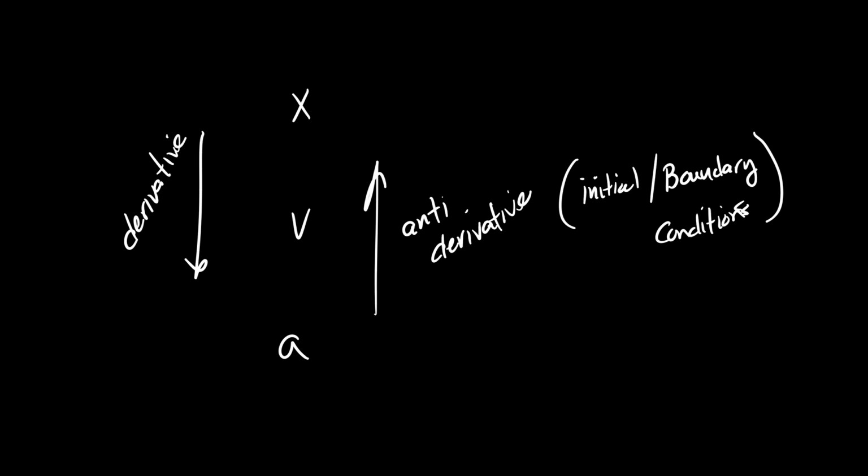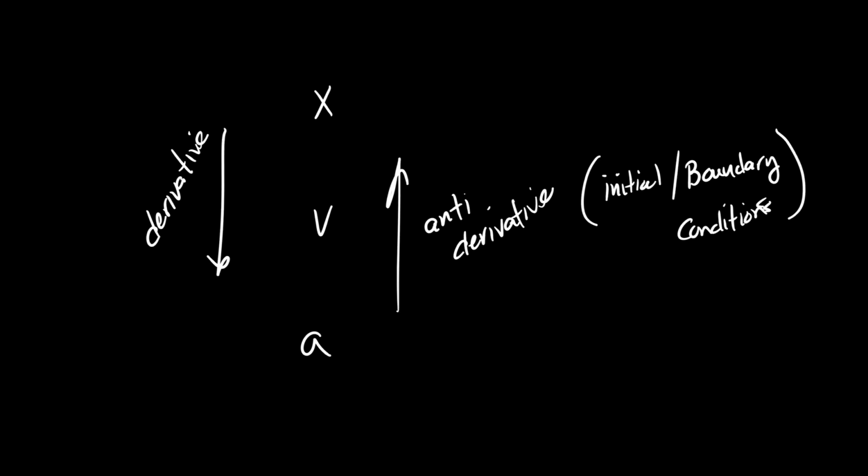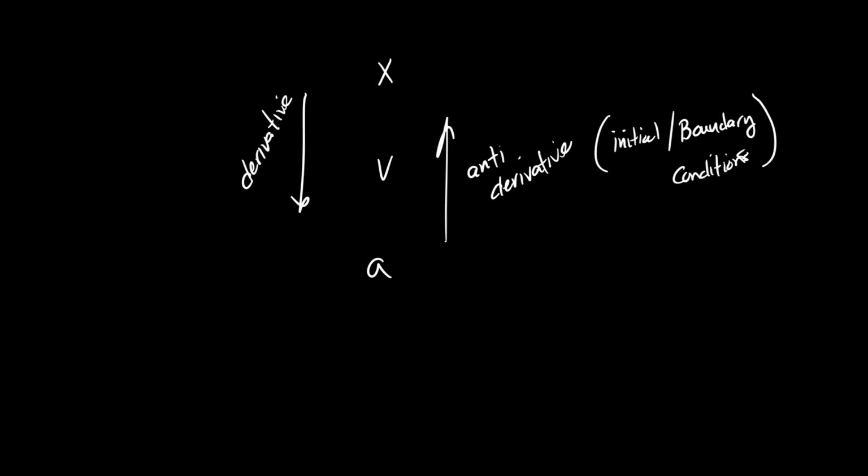Okay? And it seems from talking to you guys, you're okay with this, at least for polynomials. For polynomials, the derivative side, x to the n becomes n x to the n minus 1. And the antiderivative side becomes 1 over n plus 1, x to the n plus 1.